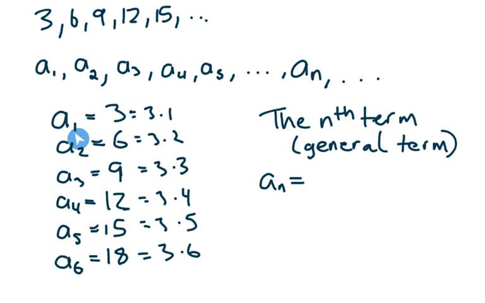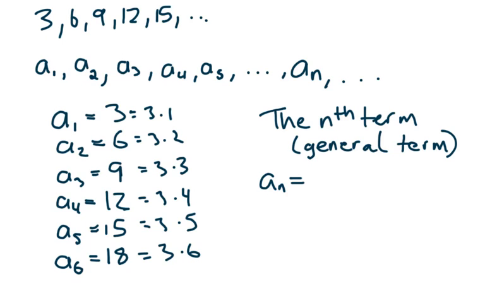So if this index is 1, then this is 3 times 1. If this index is 2, then this factor is 2. If this is 3, then, well, actually both factors are 3, but importantly, the second factor is 3. If the index is 4, then the second factor is 4. So it turns out that this second factor matches the index every time.